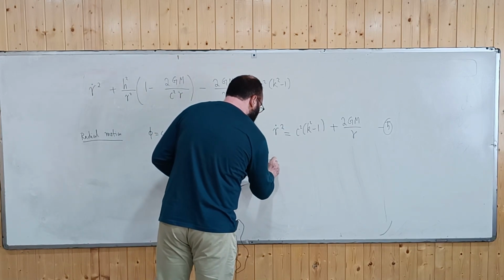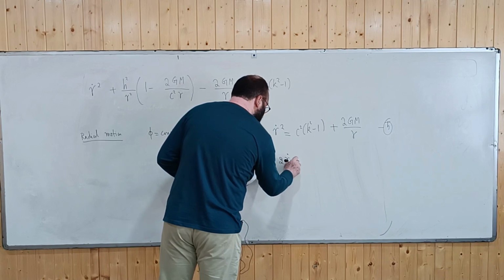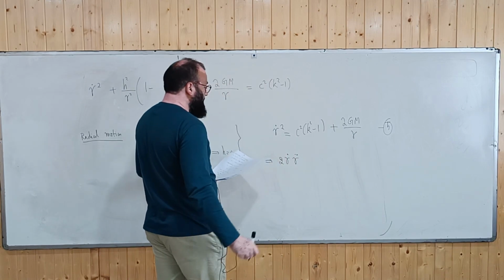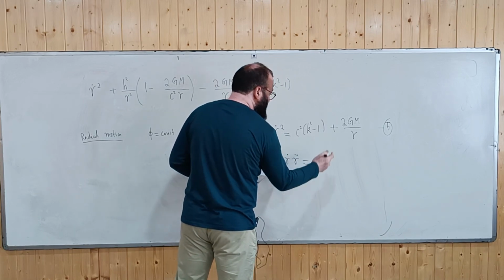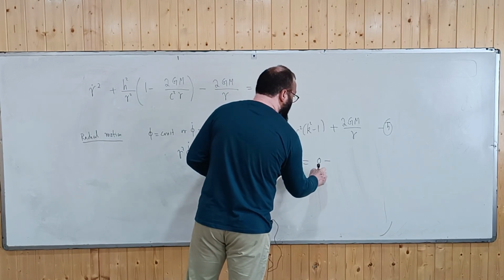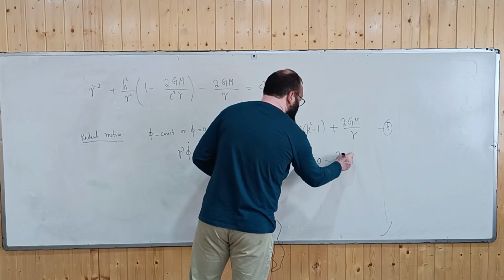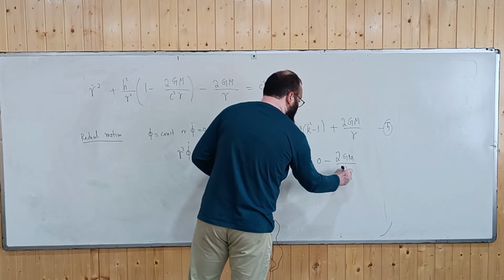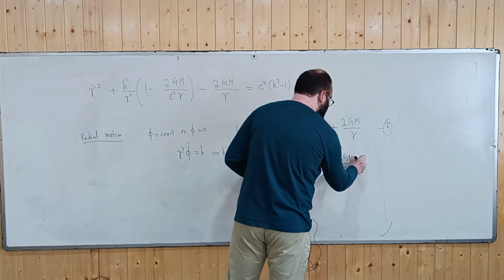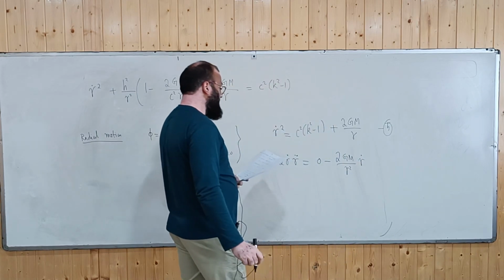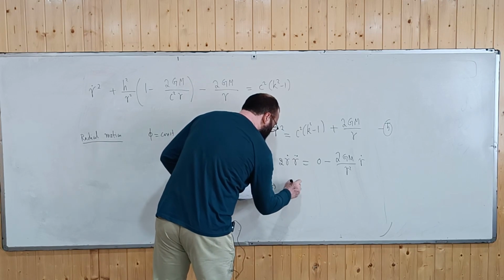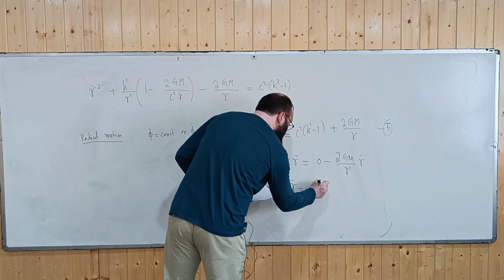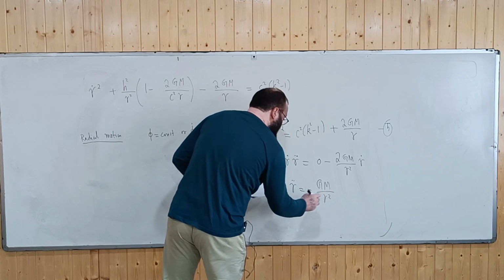It will be twice r dot r double dot, this is a constant so it is equal to 0, minus twice gm by r square times r dot, which gives me r double dot is equal to minus gm by r square.